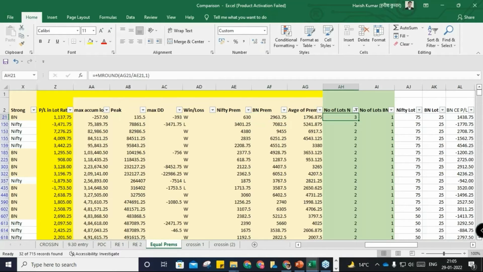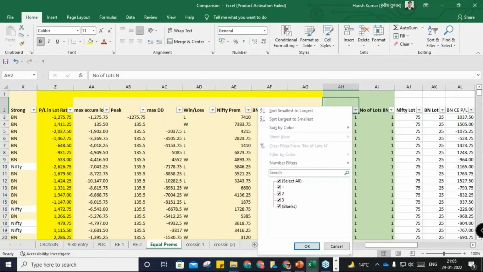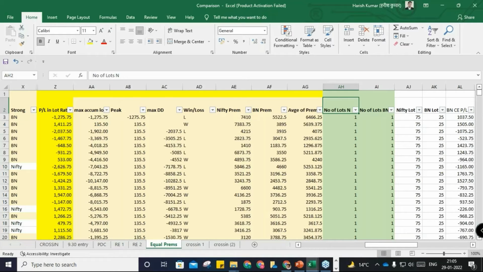You are selling 3 lots of Nifty against 1 lot of Bank Nifty. Every time you are selling 1 lot of Bank Nifty, because normally Bank Nifty will give you more premium at the money. That's why everyone is doing Bank Nifty, because we are getting more premiums in Bank Nifty.